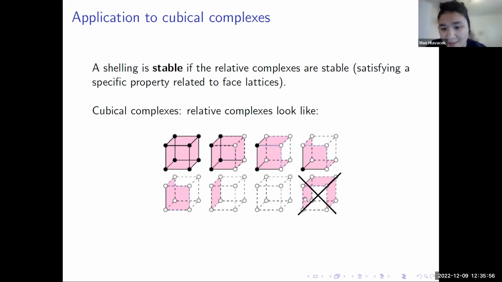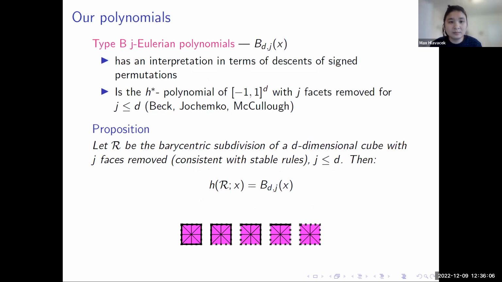The thing that makes this tabletop bad is that we have an opposite pink pair and an opposite white pair. Okay, so now I think I'm going back into my examples being 2-dimensional because it's easier for me to draw that.